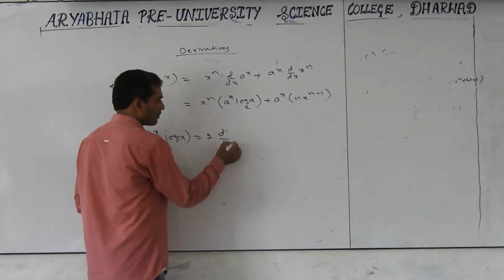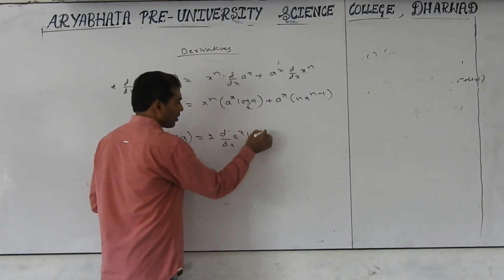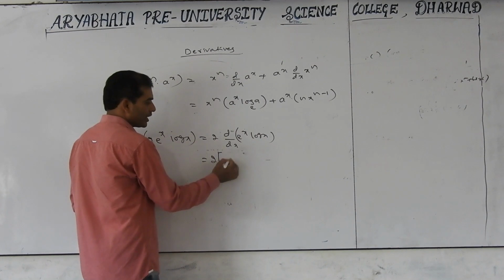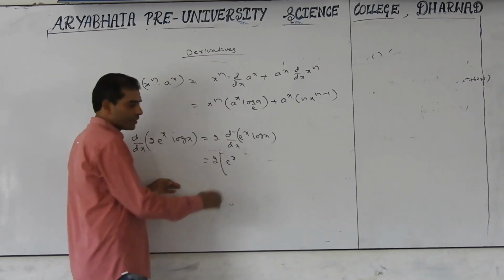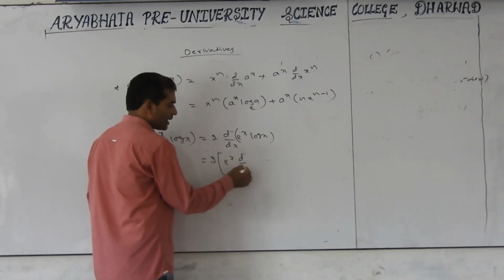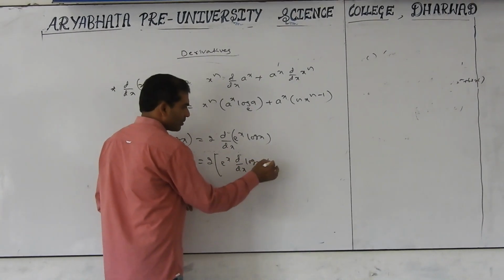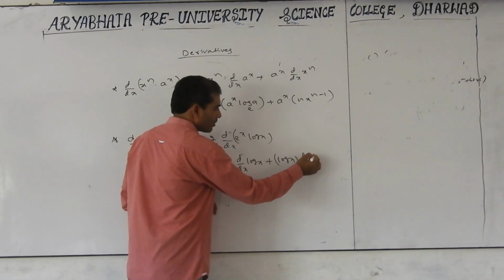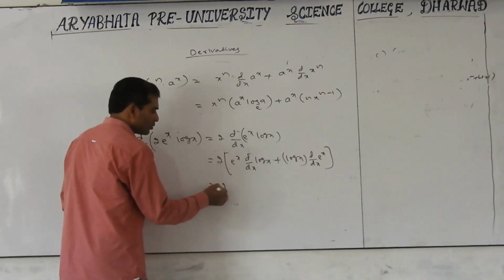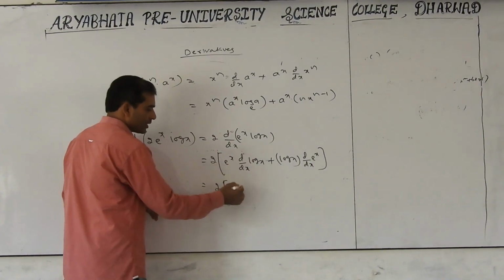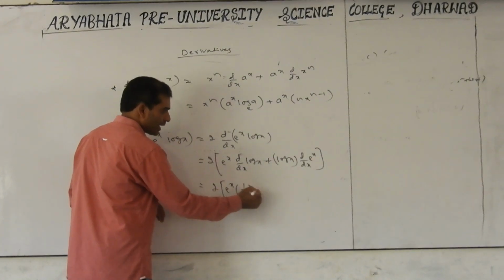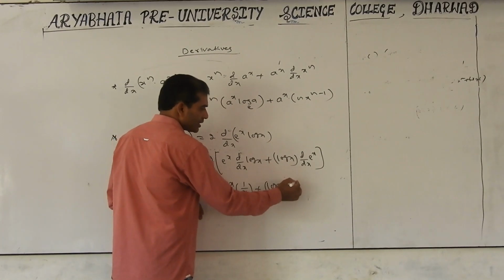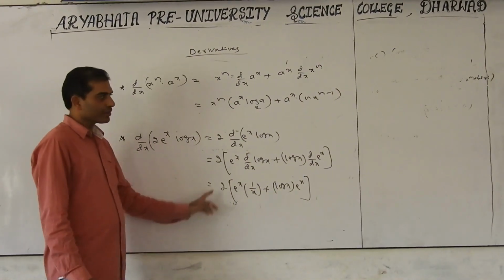D by dx of e power x into log x. 2 into u into v: e power x considered as u, v dash is d by dx of log x, plus log x into d by dx of e power x. 2 into e power x, derivative of log x is 1 by x, plus log x, the derivative of e power x is e power x. Okay.